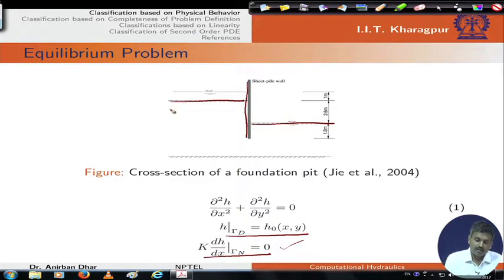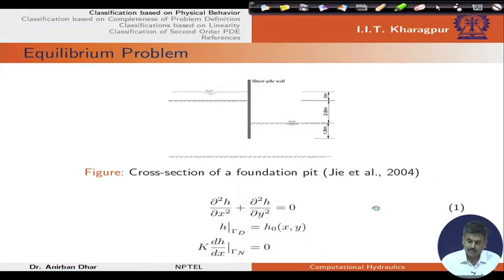On the left and right side, it can also have the specified head condition, or if you have no flow boundaries, then also things are defined. So, we have one differential equation and boundary conditions. In this case the problem is space dependent, not time dependent, that is why this is a steady state problem.